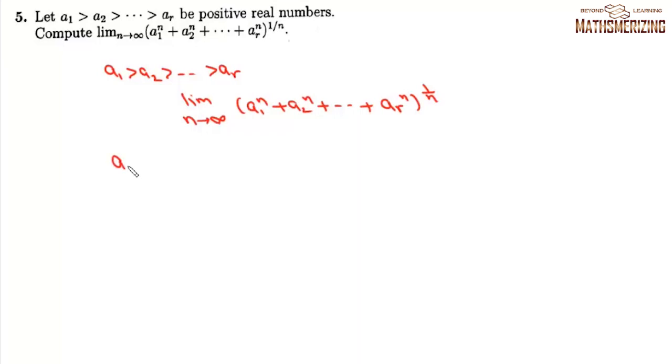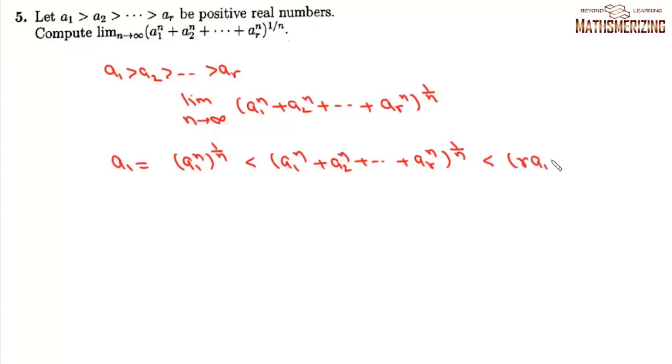Now we know that we can write A1 as (A1^n)^(1/n), and it will be less than (A1^n + A2^n + ... + AR^n)^(1/n). Now each of AI is always less than A1, so it will be less than (R into A1^n)^(1/n).